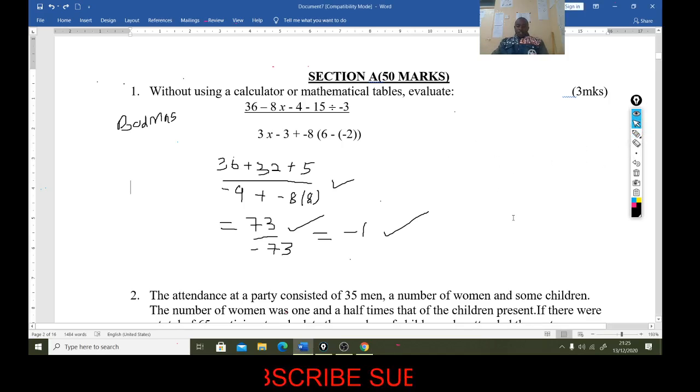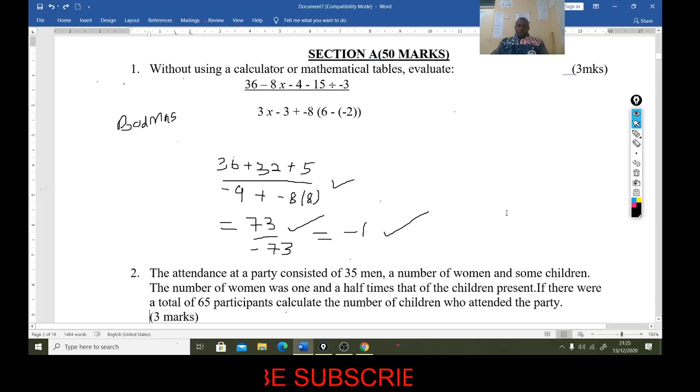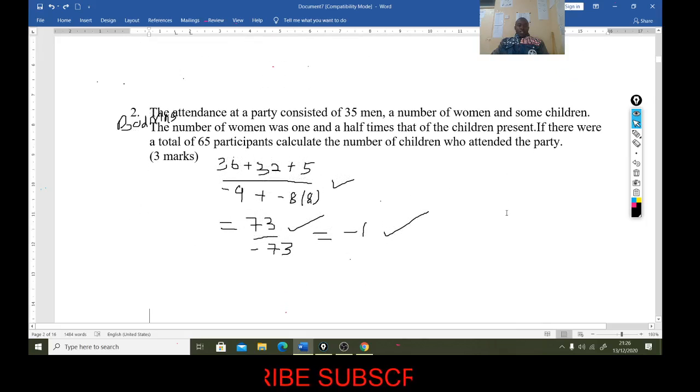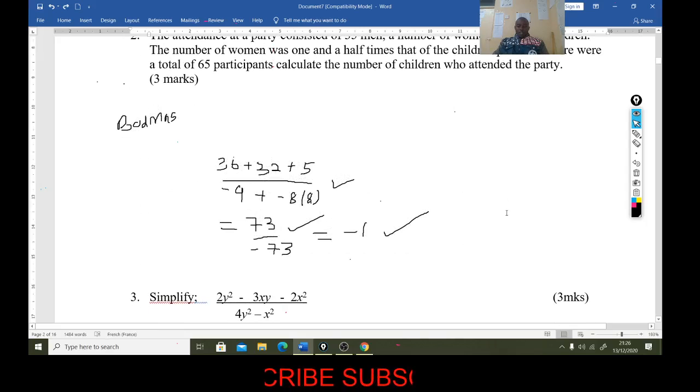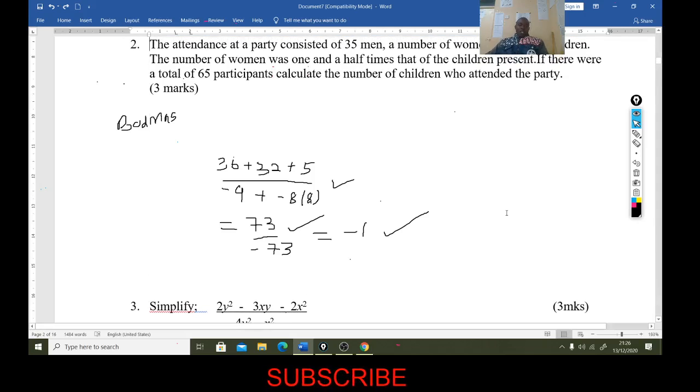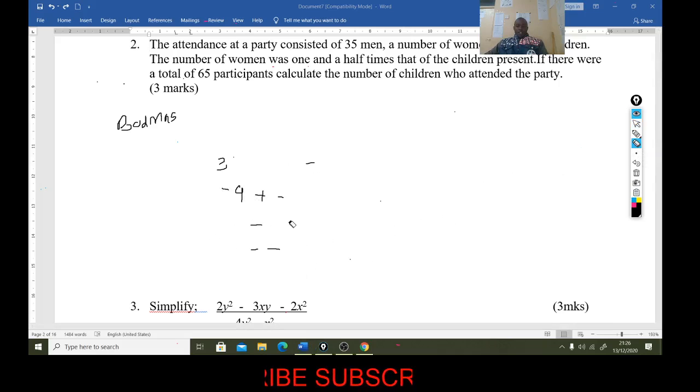Then question number 2. You are given such a question that the attendance at a party consisted of 35 men, a number of women, and some children.